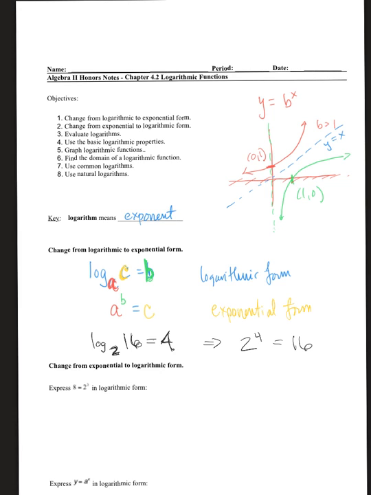So what if you have an exponential equation and you're asked to represent it in logarithmic form? Well, you'd read this as 2 to the power of 3 equals 8. So to convert that, it would be log base 2 of 8 equals 3.